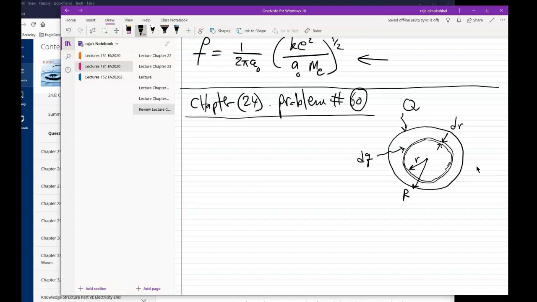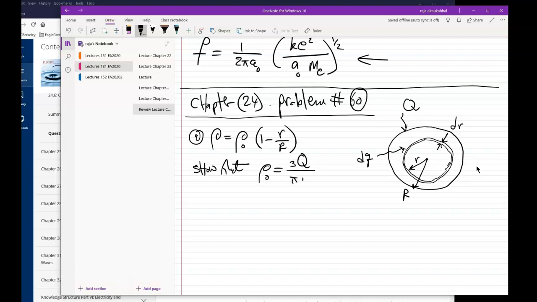Now, for part A, he said the charge density rho is equal to rho naught times 1 minus r over big R, and show that rho naught is equal to 3Q over pi R cubed. So let's take that spherical shell shown in the diagram. What is the differential volume of that spherical shell?